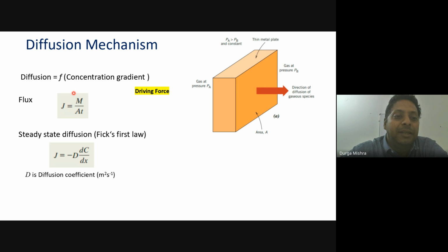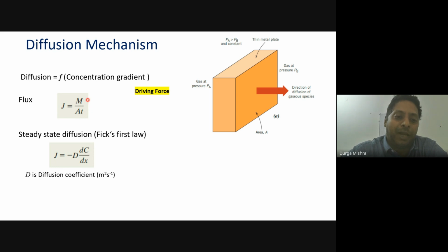Here we can define a few terms, such as the flux. Flux means how many of those atoms are moving across this cross section. We have a certain area of the plate, so how many atoms or how much mass is moving across this area per time. That is the flux. This is why we define M, the atomic or molecular mass, divided by the area of this thin plate, divided by the time.